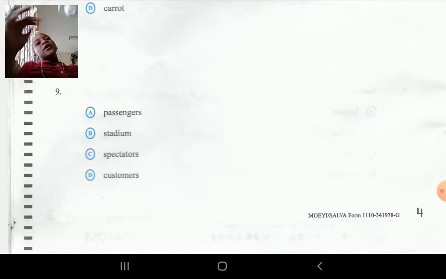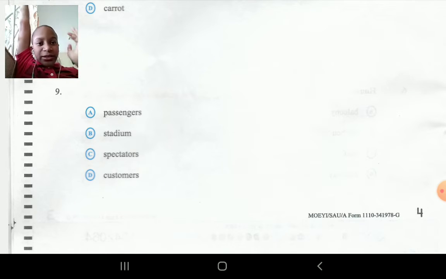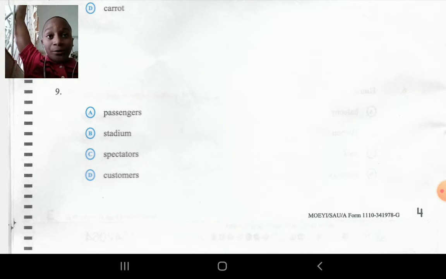Now, passengers are usually people, right? Spectators are people, or something living. Customers are people. Let's classify them as something living. So a stadium isn't something living. Take a bus. A bus is passengers. A stadium is spectators. A customer is a store, client, center, I don't care. Just know that it's customers.